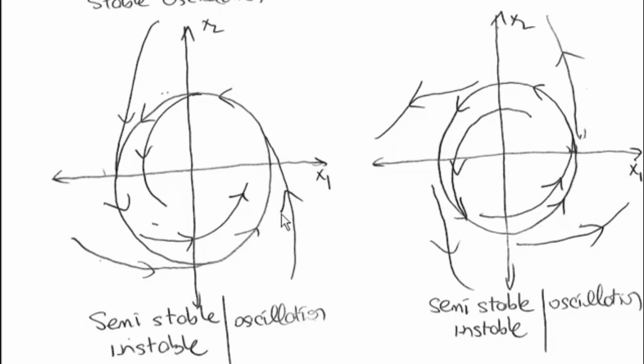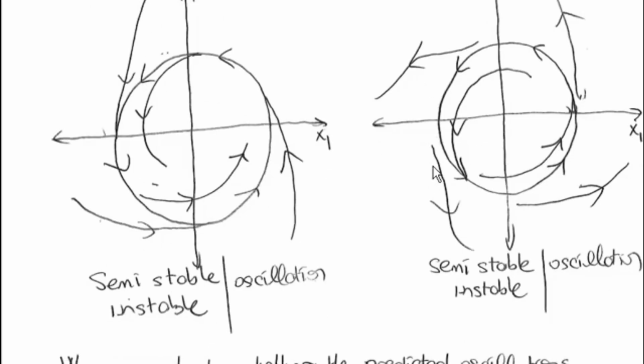So in some sense, the stability behavior on the two sides of the oscillation is different. Outside they're convergent, inside they're divergent, and vice versa here. This type of oscillation is called semi-stable. But since we have divergence at least on one side, we can call them unstable oscillations as well.